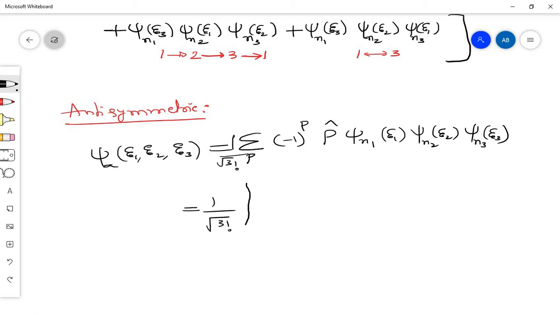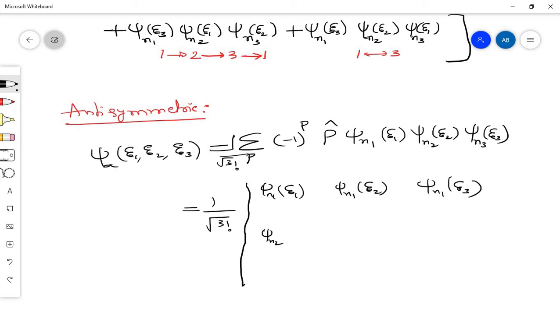So let us put it in the determinant form. The rows are: psi n1 e1, psi n1 e2, psi n1 e3.